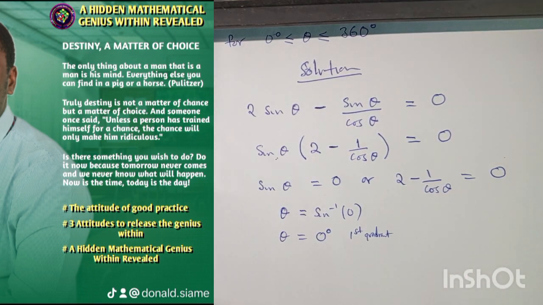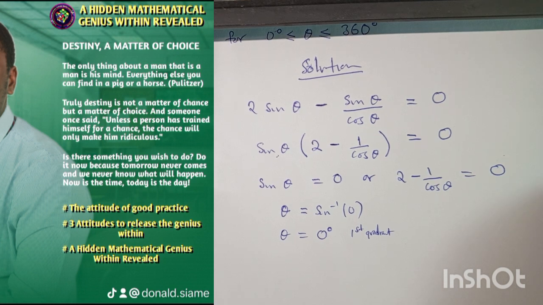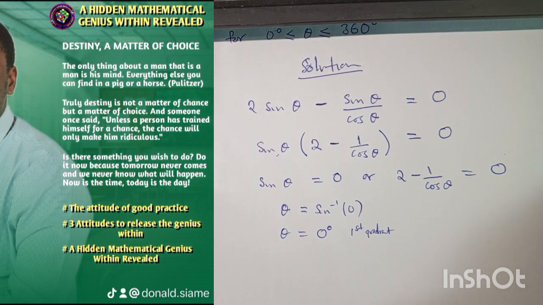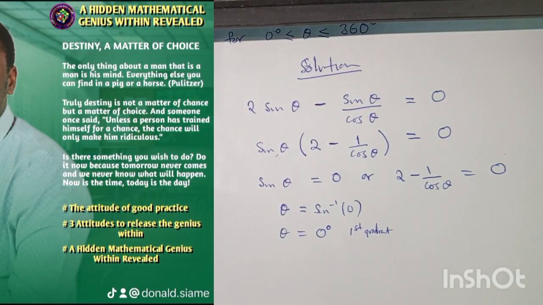Now, sine is positive in the first quadrant as well as in the second quadrant. In the second quadrant, the value of theta is 180 degrees minus the angle in the first quadrant, and the angle in the first quadrant in this case is just 0 degrees.